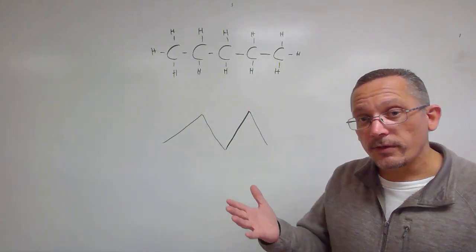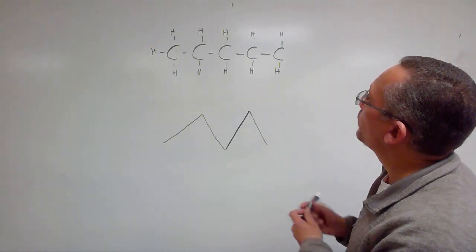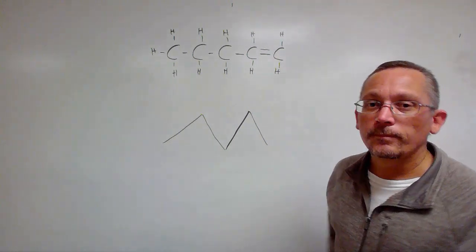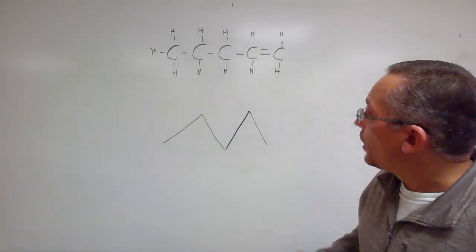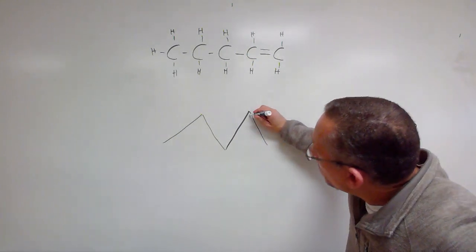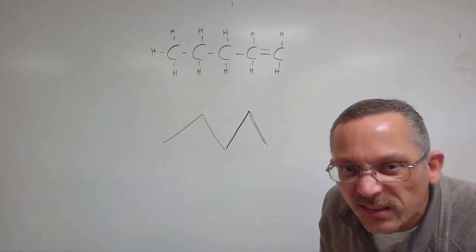Okay. If one of them were, say, a double bond, let's say this were a double bond, and then I would have 1-pentene. What I would do is I would make that line a double line. It's hard to see on the video.